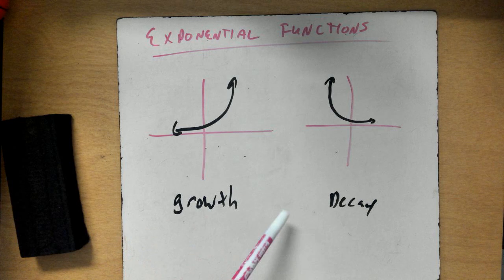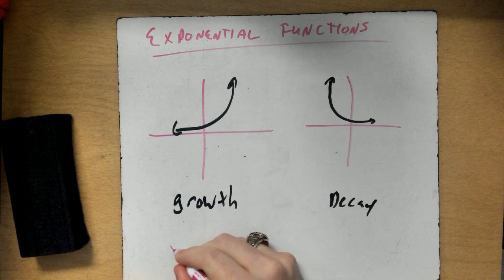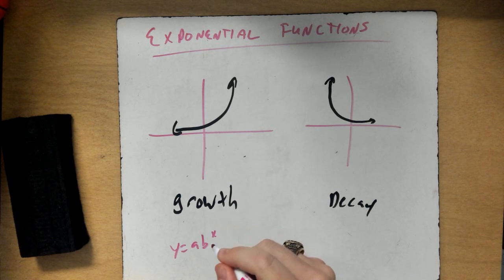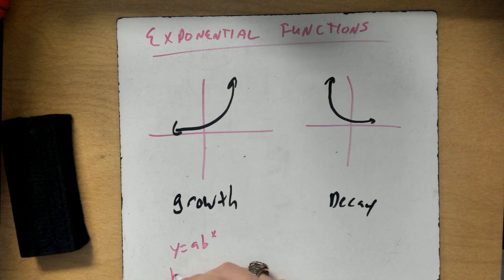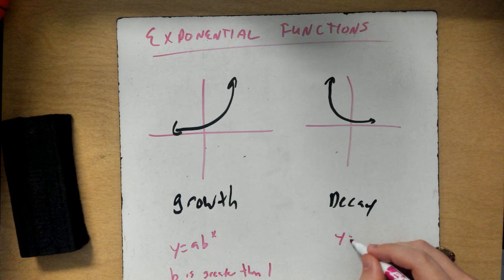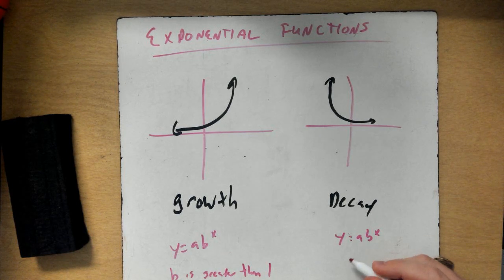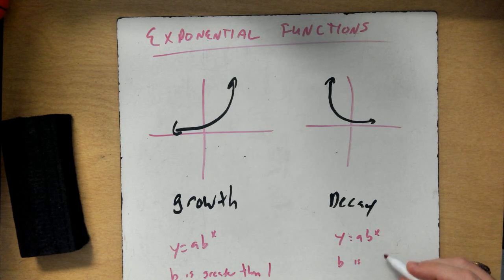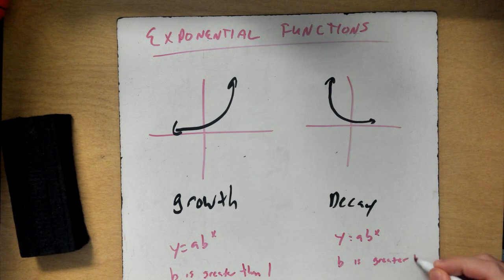So in this case, our equations are both the same. Y equals AB to the x power, okay? And in this case, B is greater than 1. With decay, same equation, but in this case, B is greater than 0, but less than 1.